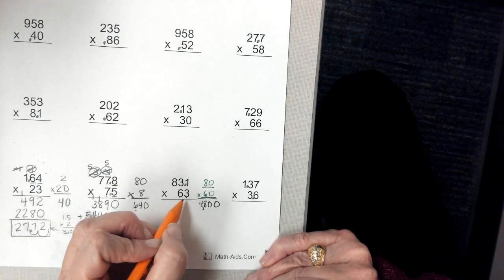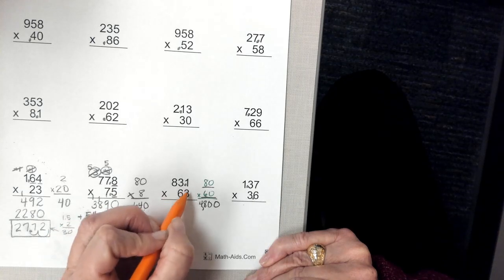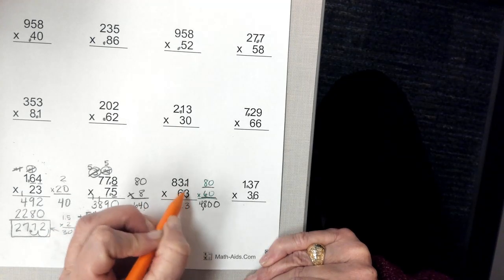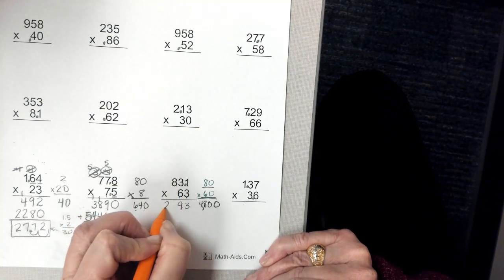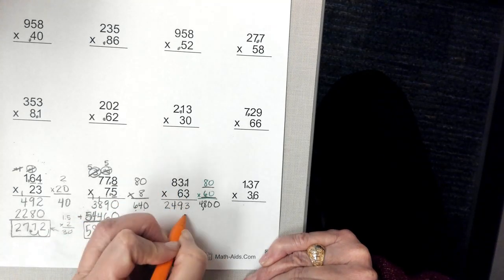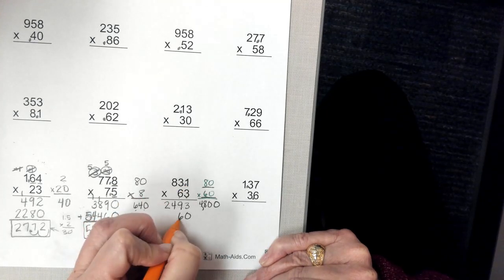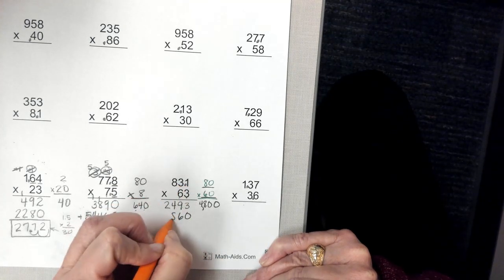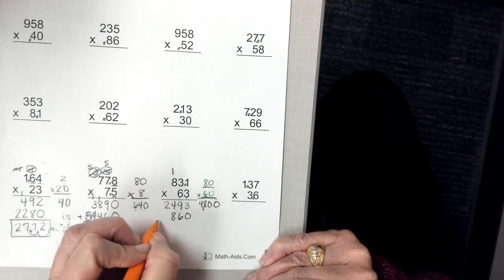All right, so I'm going to go over and work on my exact answer. So 3 times 1 is 3, 3 times 3 is 9, and 3 times 8 is 24. Put your 0 down. 6 times 1 is 6, 6 times 3 is 18. 6 times 8 is 48, plus 1 makes 49.